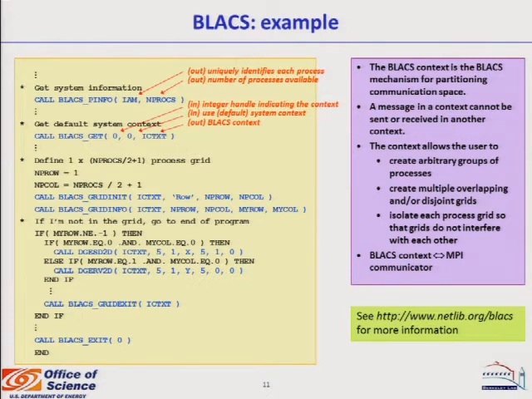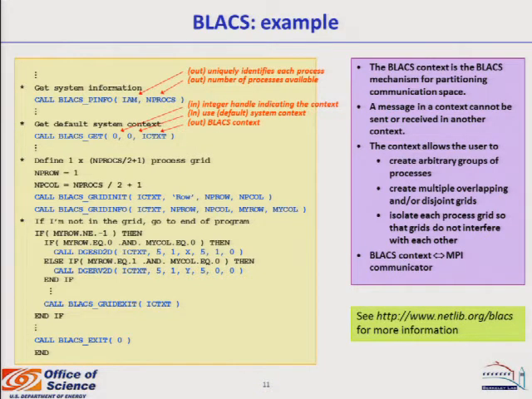Going on here, as I just said, the context is a mechanism to partition your communication space. In one application, you could define, for example, 32 cores. And you could say, well, I want 16 cores working on certain data, and the 16 remaining cores working on different data.